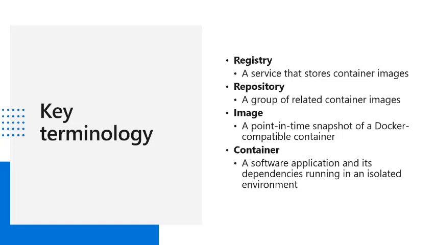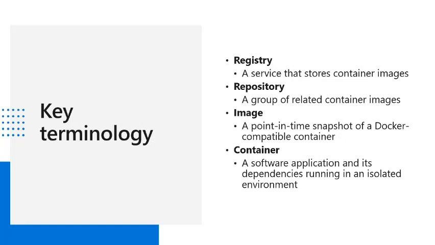Use standard Docker commands to push images into a repository or pull an image from a repository. In addition to container images, Container Registry stores related content formats such as Helm charts used to deploy applications to Kubernetes. So a registry contains repositories, which contain images. Simple.